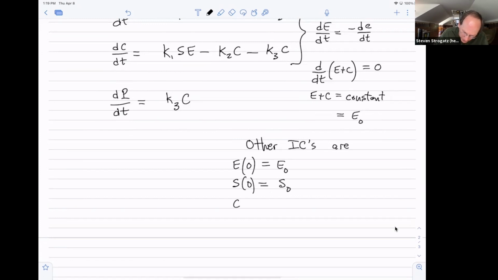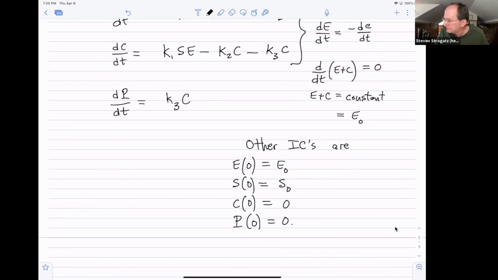We don't imagine that there's any complex initially, and there's also no product initially. Okay, so that's our system.